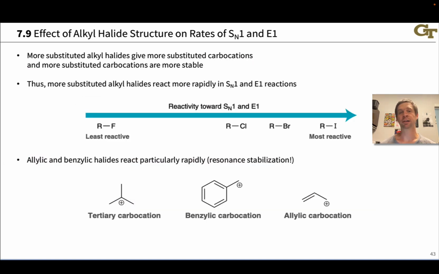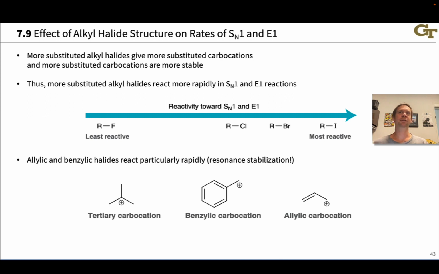The structure of the alkyl halide also plays an important role in the rate of SN1 and E1 reactions because loss of the halide anion produces a carbocation, and the substitution pattern and structure and stability of that carbocation depends on the substitution pattern and structure of the initial alkyl halide.